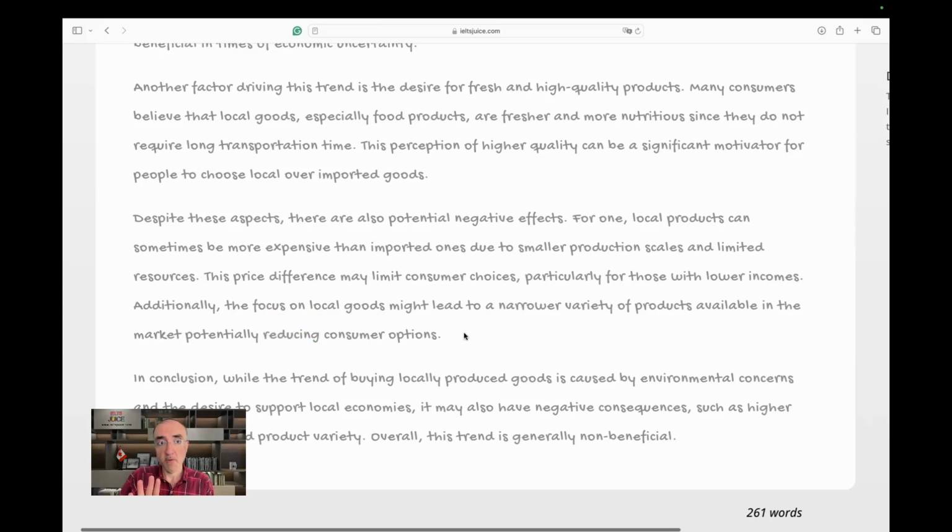However, hold on a minute. We only say the second negative aspect. We didn't get the chance to add another supporting sentence. So we just say it, and then that's it. No development, no examples.